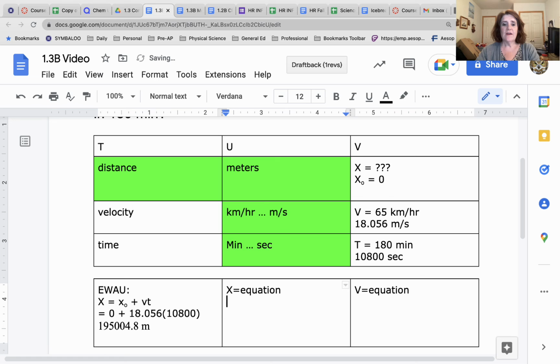Now, our x equals equation would go with our xt graph. And I don't ask you to give me the xt graph. I just want to know what the equation of that would be. You take this base equation here, and you simply replace your x naught and your v. So this would be x is equal to 0 plus 18.056 t would be the equation of the xt graph.